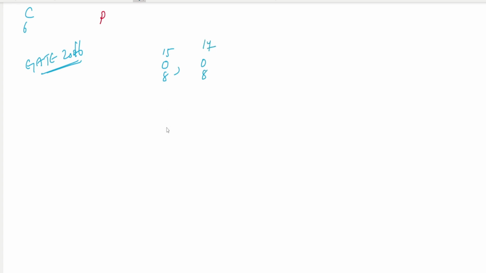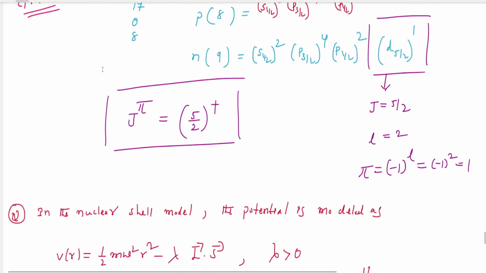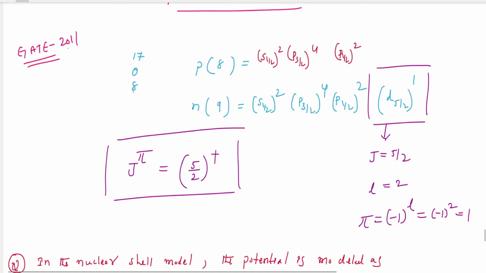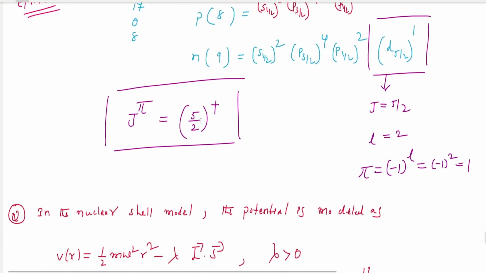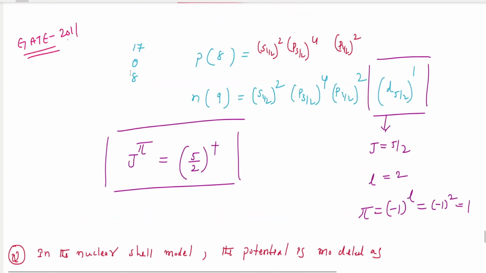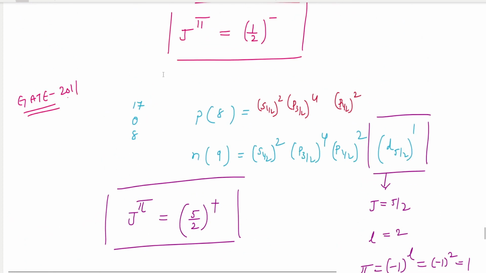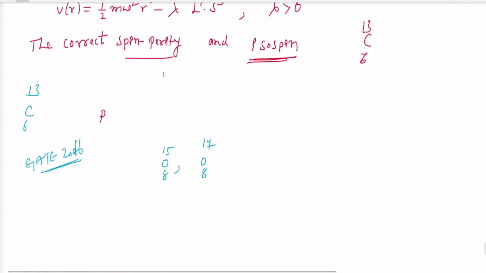So spin and parity of this oxygen. The different type of nucleus they are asking here. Okay, so we already discussed oxygen 17, right? Oxygen 17 we already know. What is oxygen 5 divided by 2 plus? So we need to find oxygen 15. Yeah, 15.